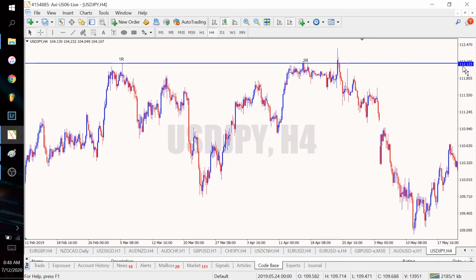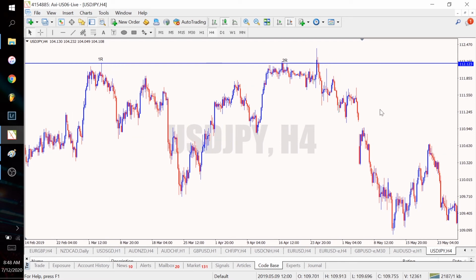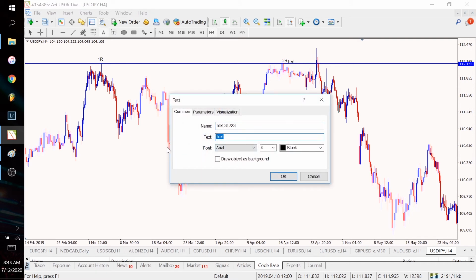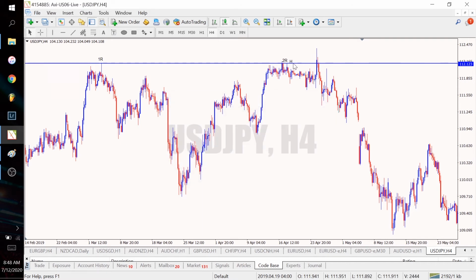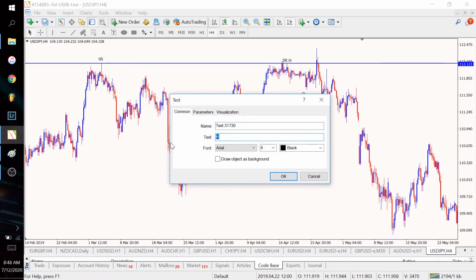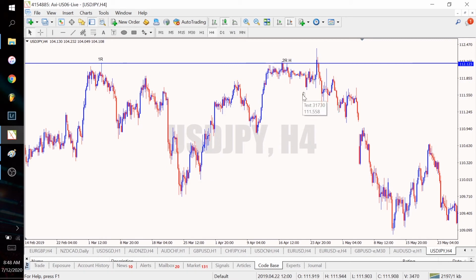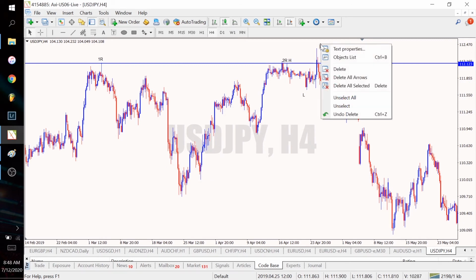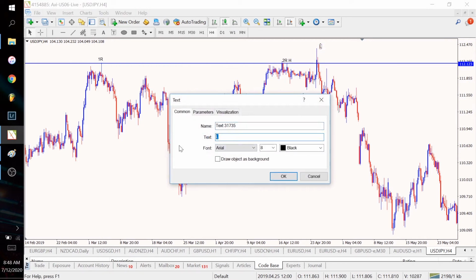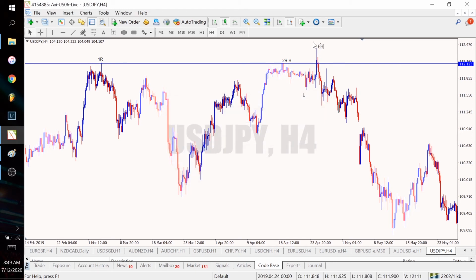So at this price 112.123, 1R, 2R, which is our high at the same time. Let's put this on caps. We get a high, we got a low, we have our high, and we have our massive drop.